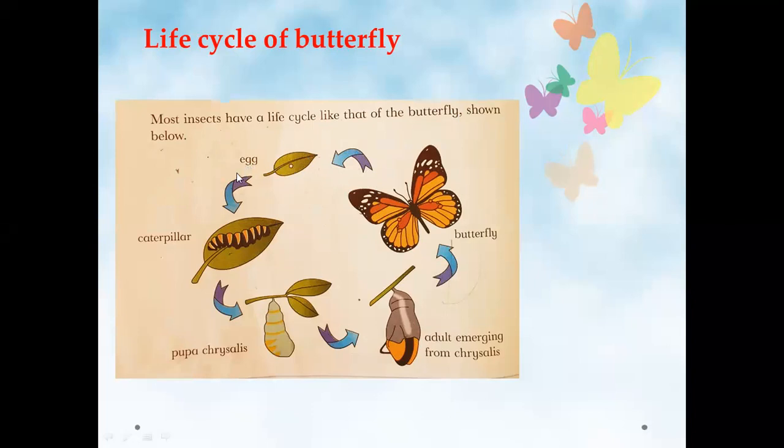Then the egg is fertilized and converted to a caterpillar, and in the third stage it is converted to the chrysalis, the pupa. After that stage the adult emerges and becomes an adult butterfly. Step by step, we will study in detail.